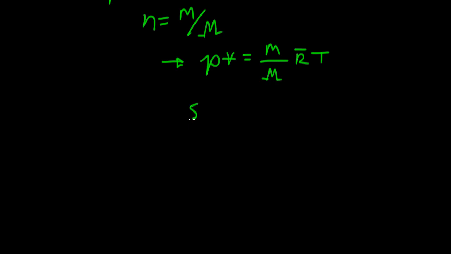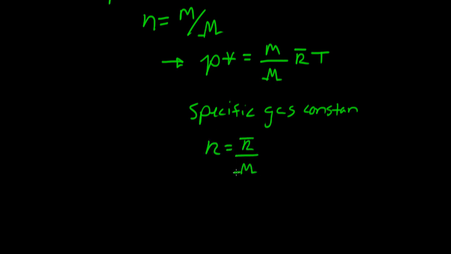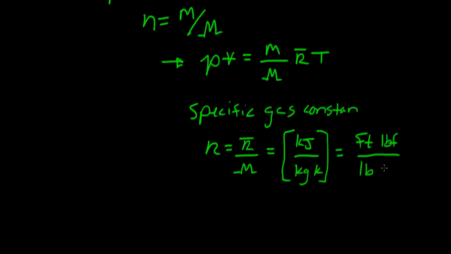We define the specific gas constant as the universal gas constant divided by the molecular weight. This has units of kilojoules per kilogram Kelvin or feet pounds force per pound mass degree Rankine.